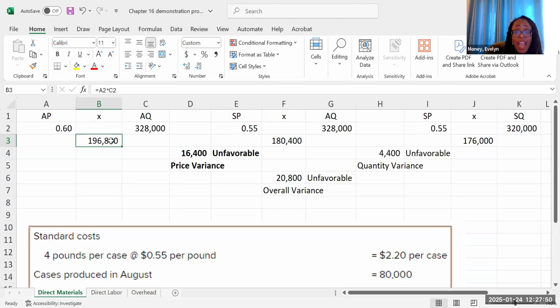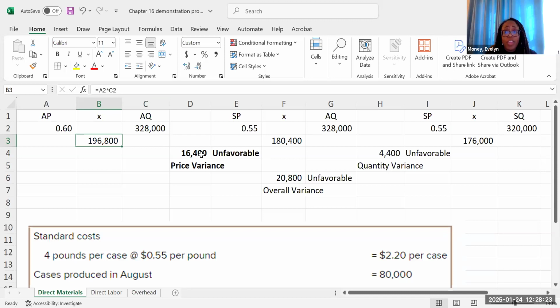I compare the actual with the standard. Notice that quantity remains the same, right? So if I turn this into an algebraic equation, I'm simply taking the difference between what I wanted to pay and what I actually paid, and I'm multiplying it by what I actually used. And when I do that, I get 16,400, or I can do the 196,800 minus the 180,400, and I get 16,400.